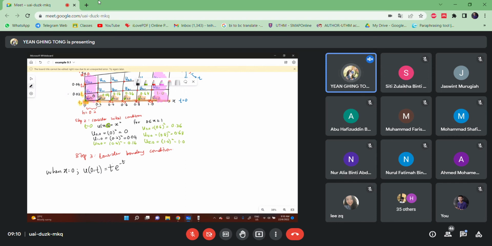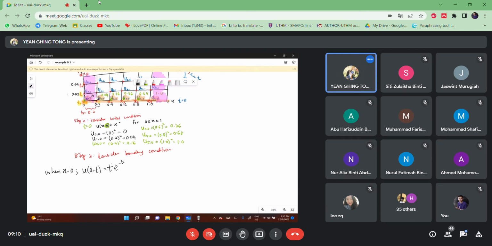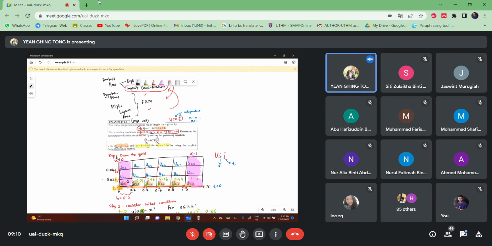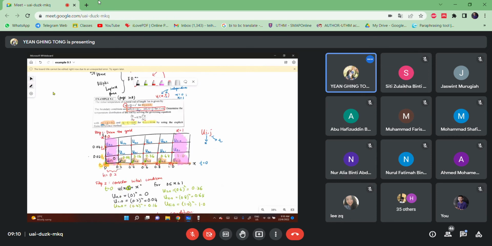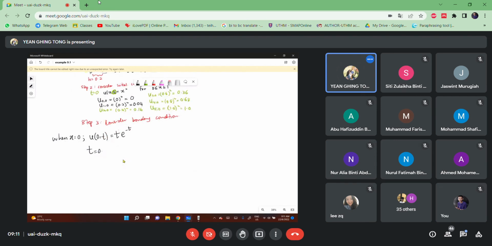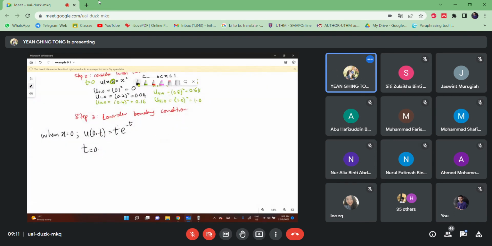So we continue with t equal to 0.02. When t equal to 0.02, this is the formula.